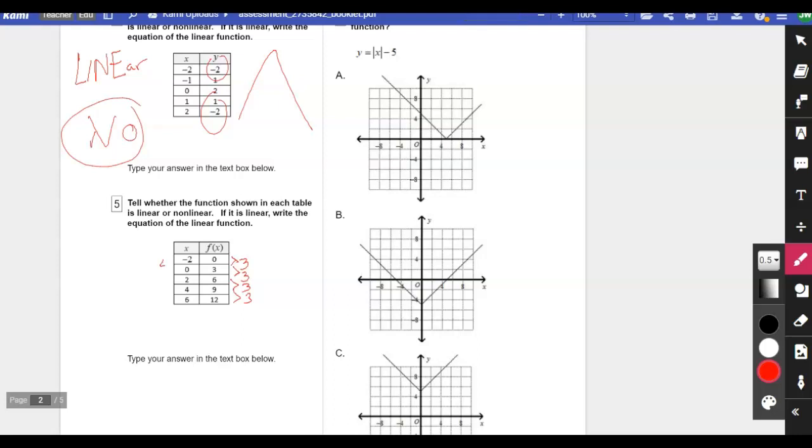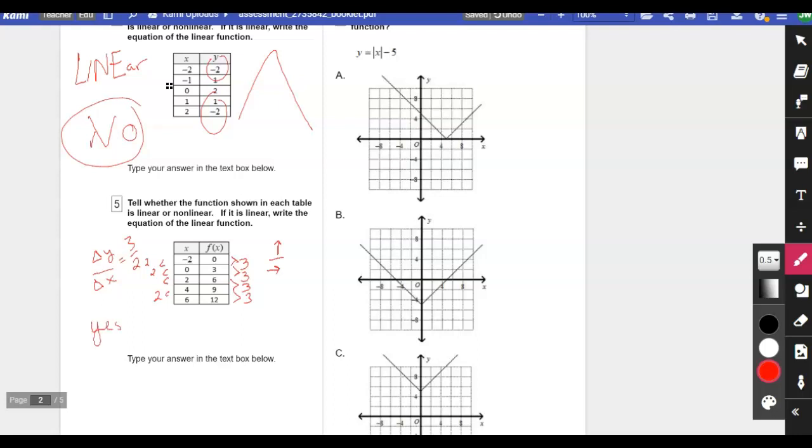And then over here, I'm also going up by 2 every time. So my rise over run, my slope, my change in y over change in x, however you want to do it, is 3 over 2. So this is linear.